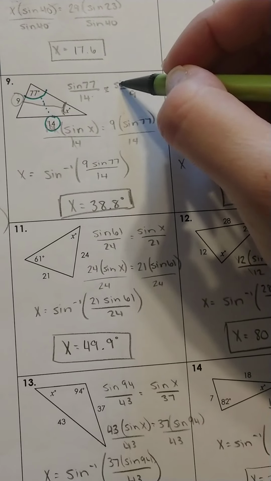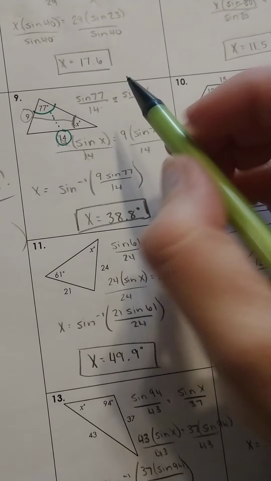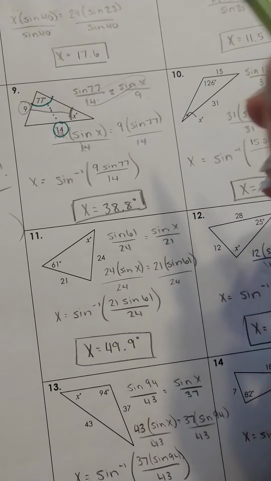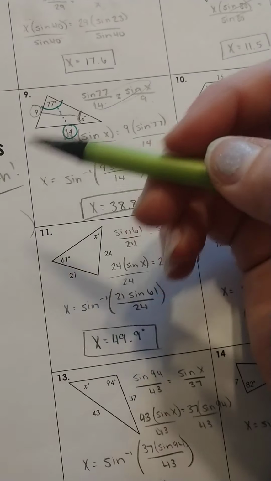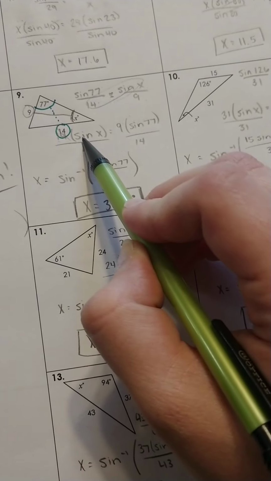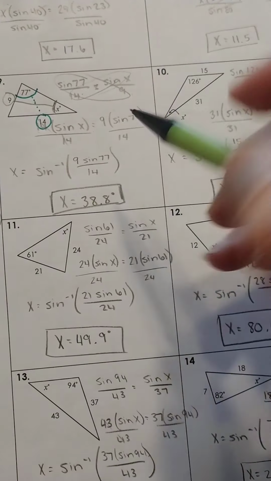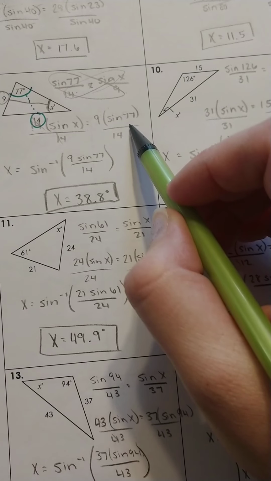So I'm going to set it up sine of x over 9. Go ahead and cross multiply. Out of habit, I always put my variable on the left. So 14 times the sine of x equals 9 times the sine of 77.